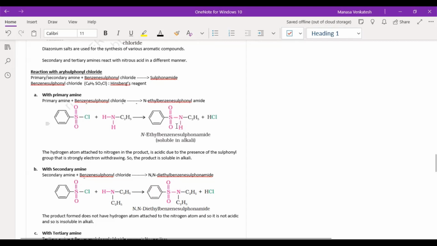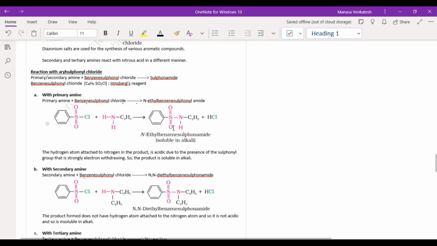The reason being, this hydrogen is very acidic in nature, and this is because of the presence of the SO2 group, the sulfonyl group present here. So that makes this hydrogen acidic. And because it is acidic, it is soluble in an alkali. Whereas this, due to the absence of the hydrogen atom, is not acidic and it is insoluble in alkali.